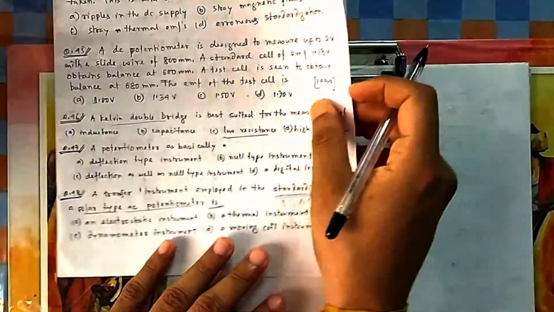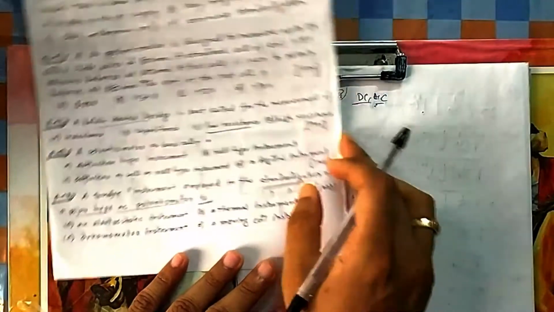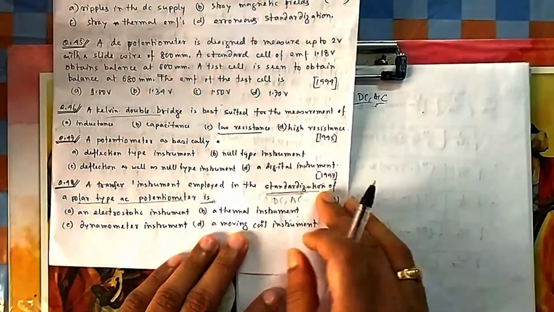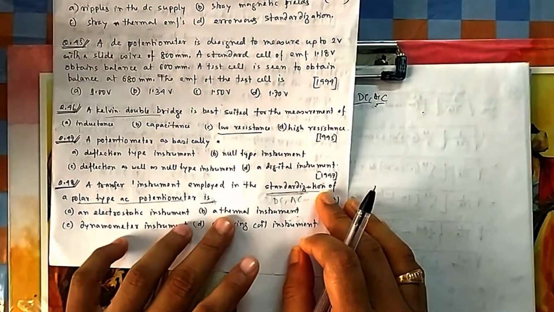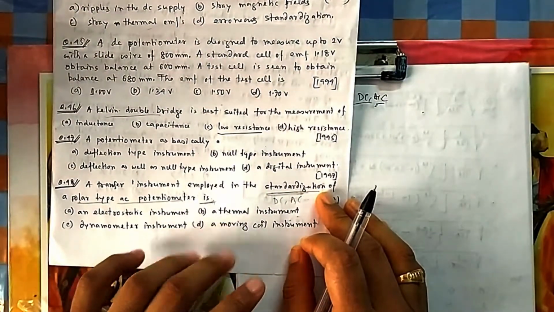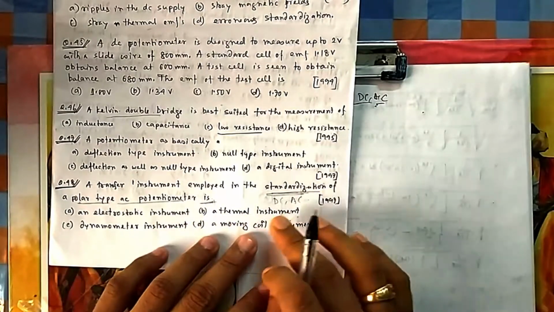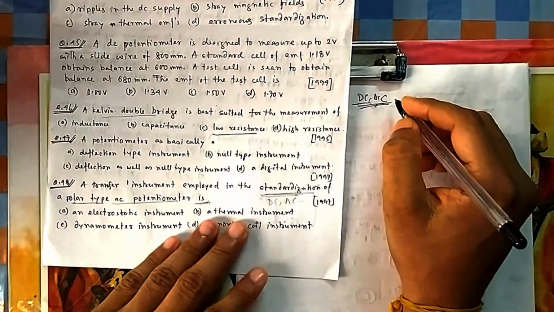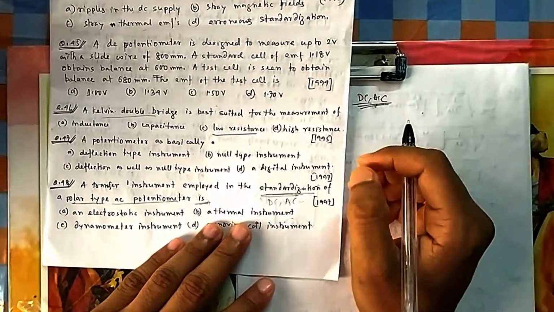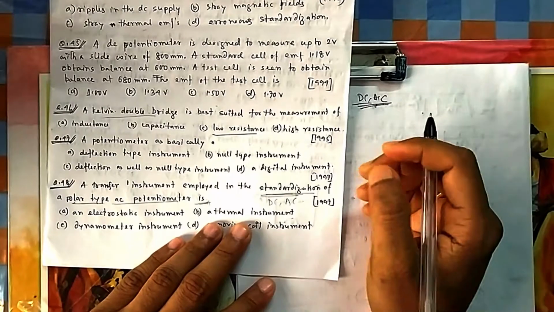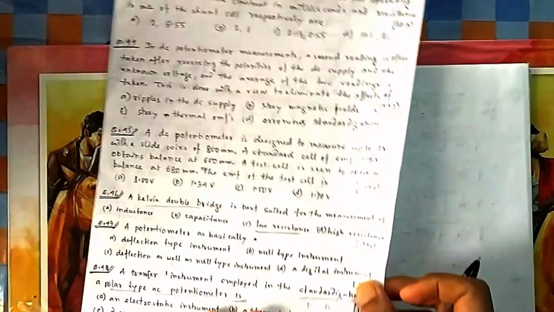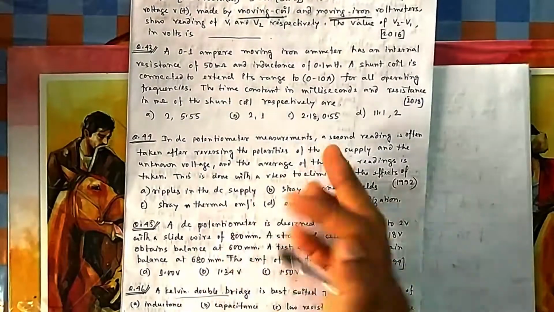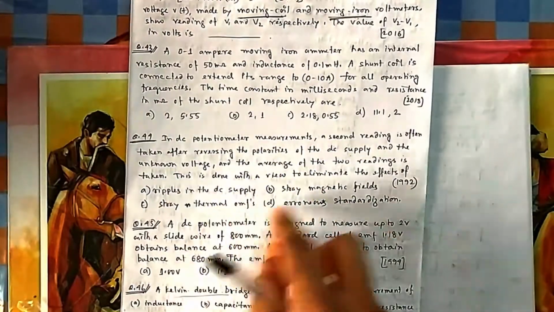So you need an instrument which can measure both. Moving coil will not be the answer, so obviously it is either A, B, C. There is a confusion between B and C. In some cases you will find dynamometer, in some cases thermal instrument, but thermal instrument will be the proper answer because a thermal instrument is basically a thermocouple type, which will also introduce thermo EMF. In DC potentiometer you have already seen why we take an average reading by reversing, to nullify that thermal EMF.